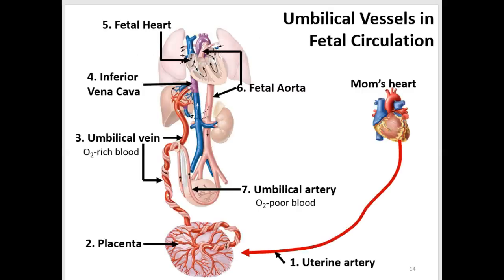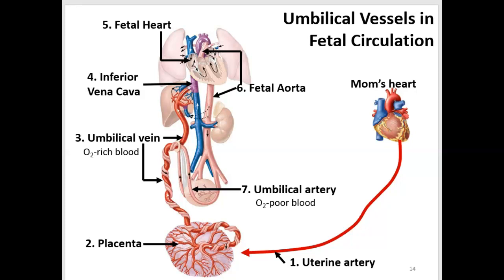First, let's look at the umbilical vessels. As a fetus develops, its oxygenated blood comes from the mother. Mom's heart pumps oxygen-rich blood out the aorta, which branches into uterine arteries, labeled number 1 on this diagram.